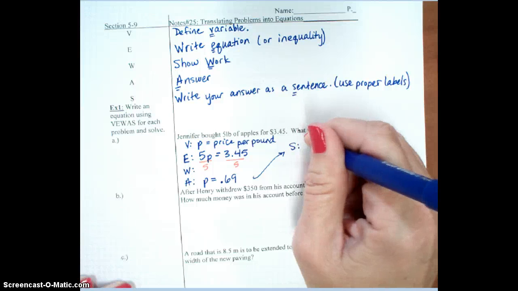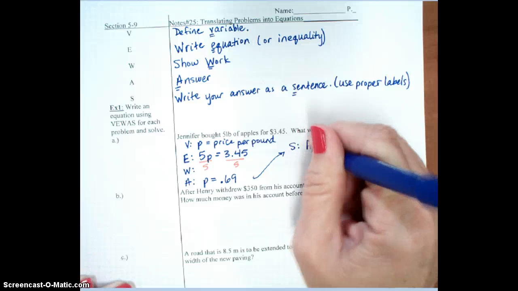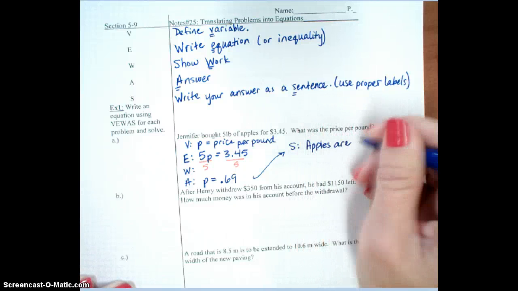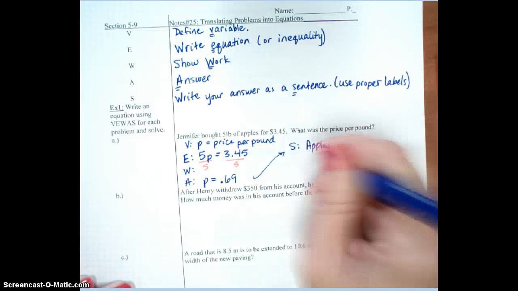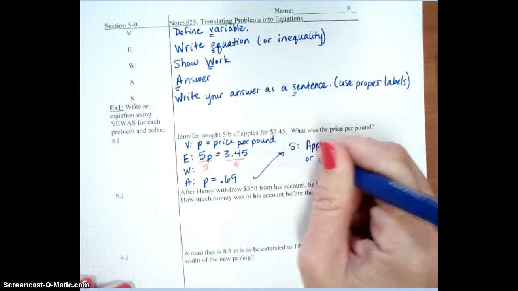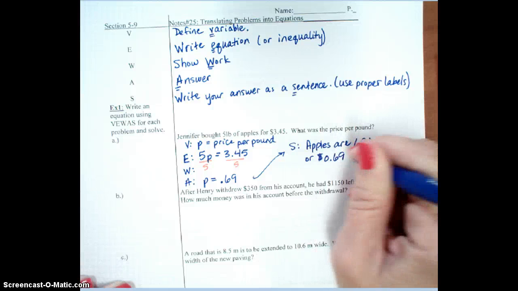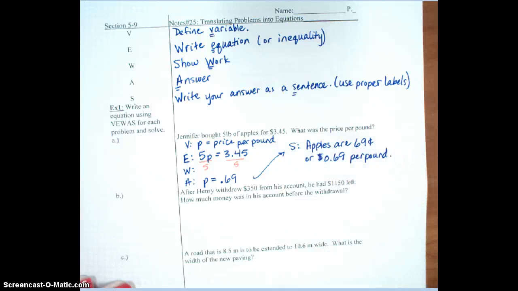So I might say the apples are, and 0.69, you're talking about dollars, so 69 cents, or if you want to put it in dollar sign, you can put it $0.69 per pound, and that answers what the question was asking.